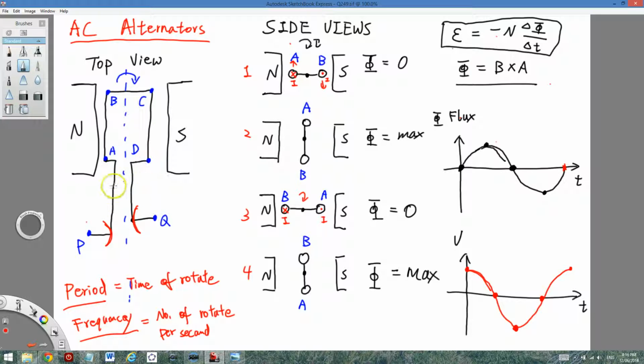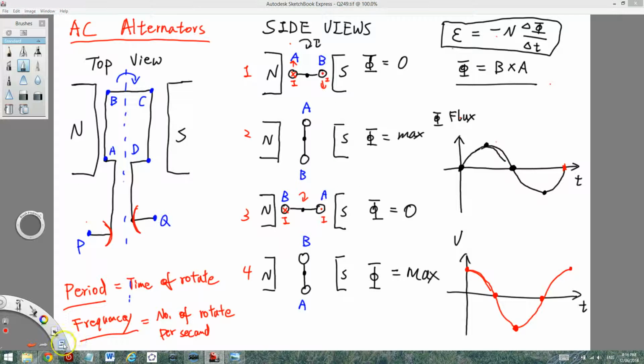So the current flows in the same direction within the wire, always from A, B, C, D. Doesn't matter how it rotates. So when it rotates in the opposite direction, the induced voltage becomes negative. So that's what happens.